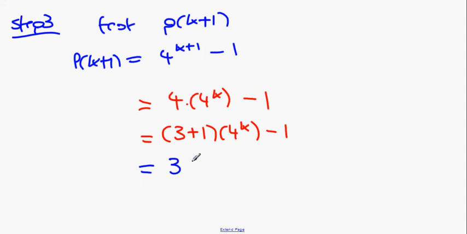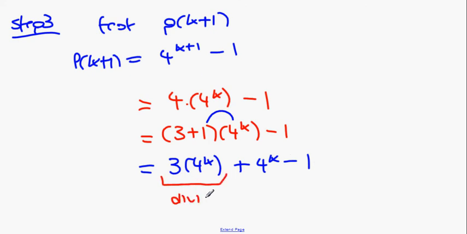So it's going to be 3 times 4 to the k, and then 1 times 4 to the k is simply 4 to the k, minus 1. And we can once again see that this part here is divisible by 3, because if you're multiplying by 3, you're divisible by 3.